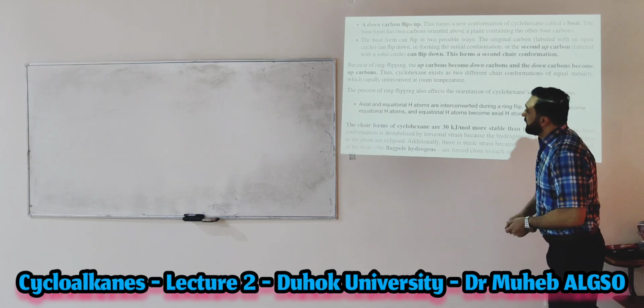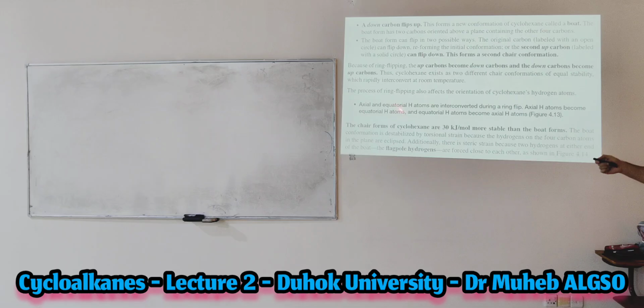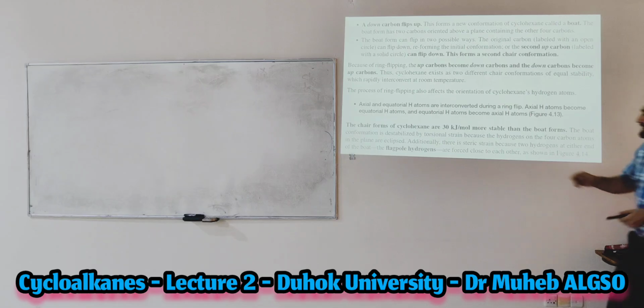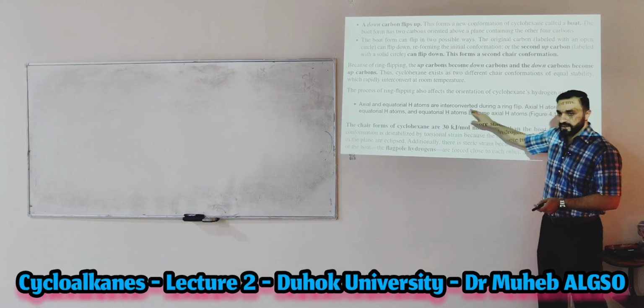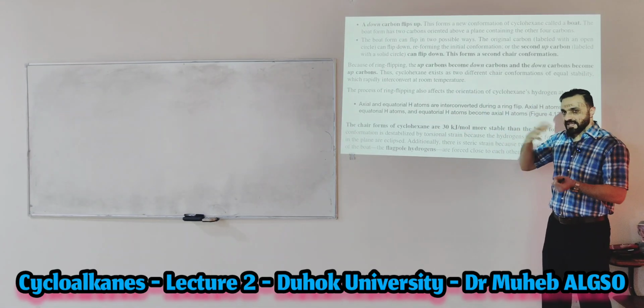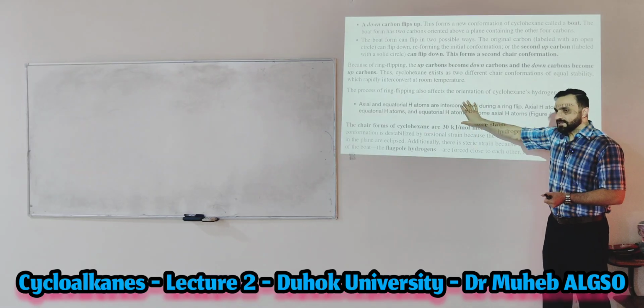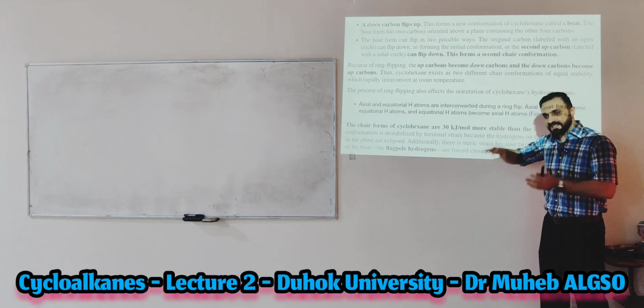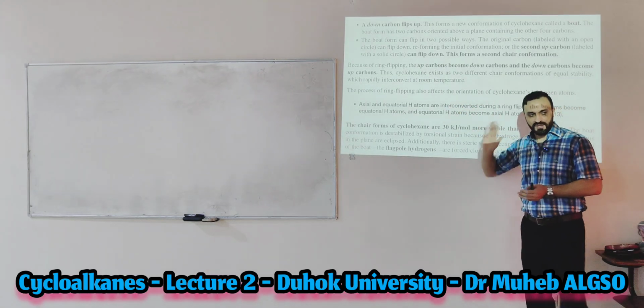So, axial and equatorial hydrogen atoms are interconverted during the ring flipping. Yes, this is important. When the flipping happens, as I said before, the equatorial hydrogen becomes axial hydrogen, and the axial becomes equatorial.